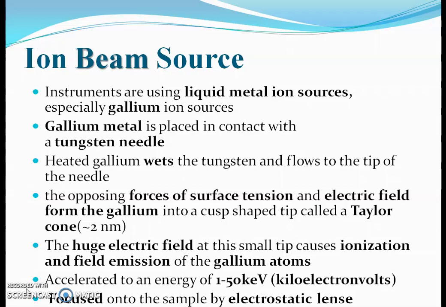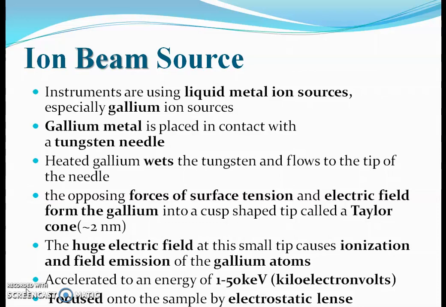Then when the electric current is passed and the gallium is heated, it wets the tungsten and flows to the tip of the needle. The opposing forces of surface tension and the electric field form the gallium into a cone-shaped tip, called a Taylor cone tip.